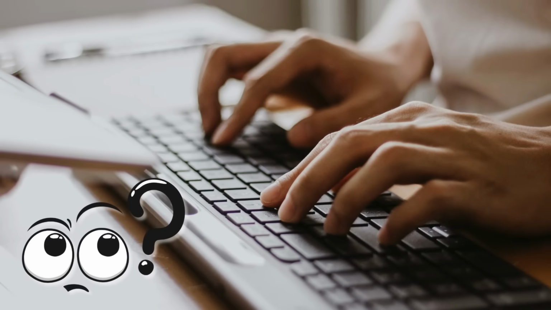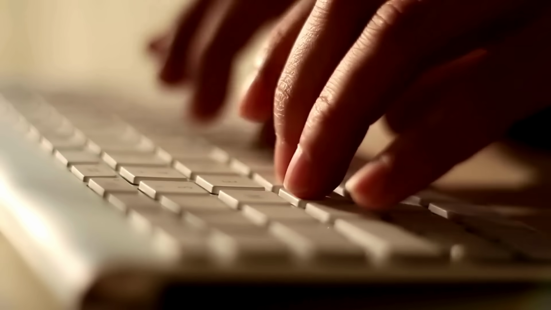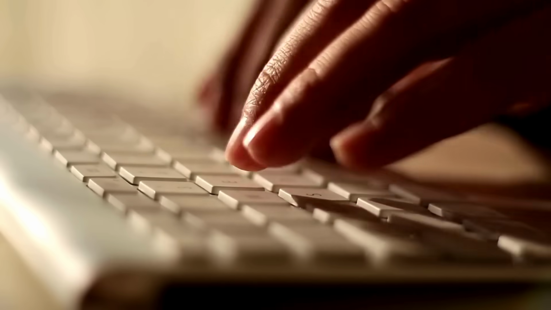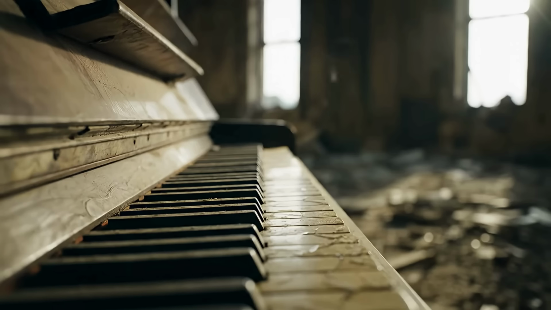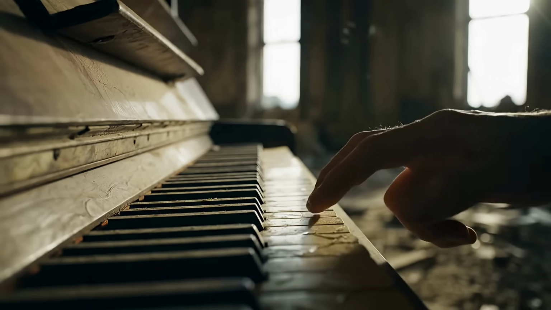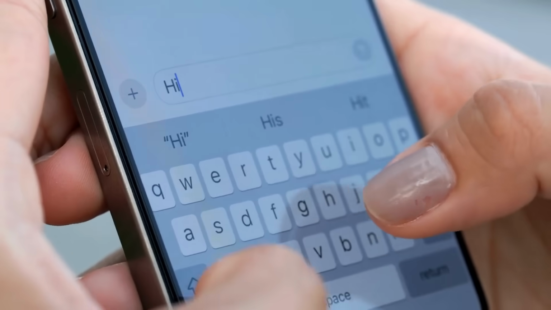So, why is it called a keyboard? Because the term captures the essence of what the device is: a board covered with keys that produce results when pressed. The word itself connects modern computing to centuries of human history, from music to mechanical typewriters to digital technology.